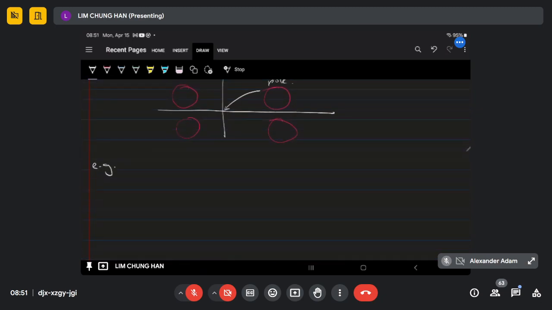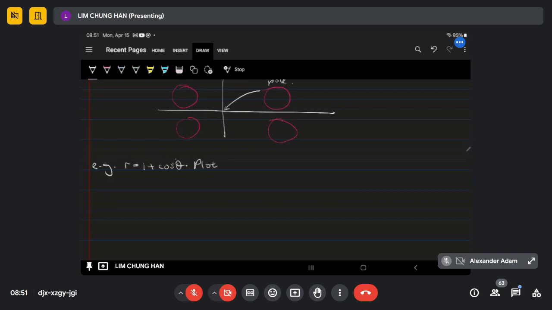Okay, example. Right, so r equals 1 plus cos theta.